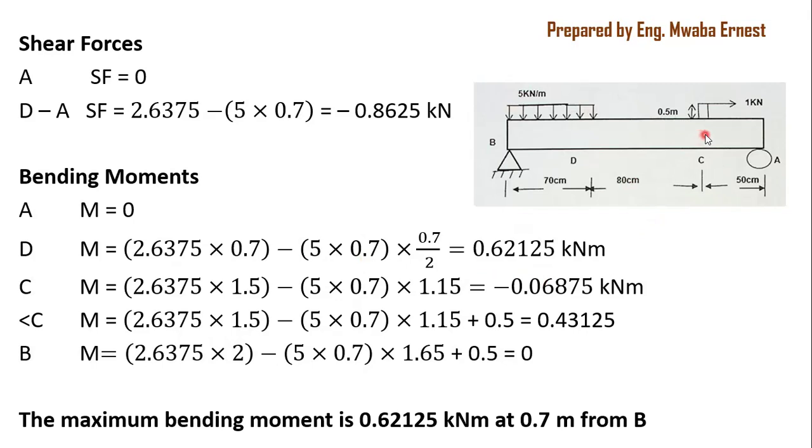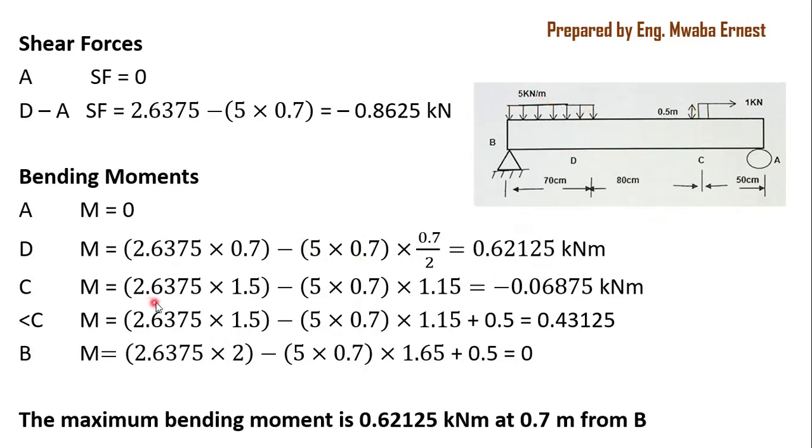Let's move to point C. Now, point C is very special. First, it has the moment where we don't include this floating moment, the moment which is acting at C, but just deal with all those remaining on the left. So what are we going to have?